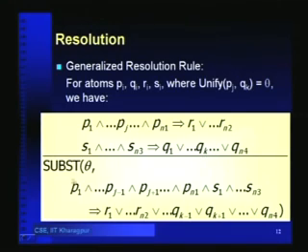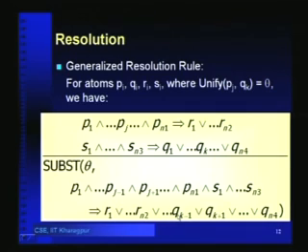If they do, then we can deduce P1 through Pj minus 1, so excluding this Pj, and Pj plus 1 through Pn1, and this S1 through Sn3, this whole thing together will imply R1 through Rn2, and on this side, oops, I have missed out the Q1 here.